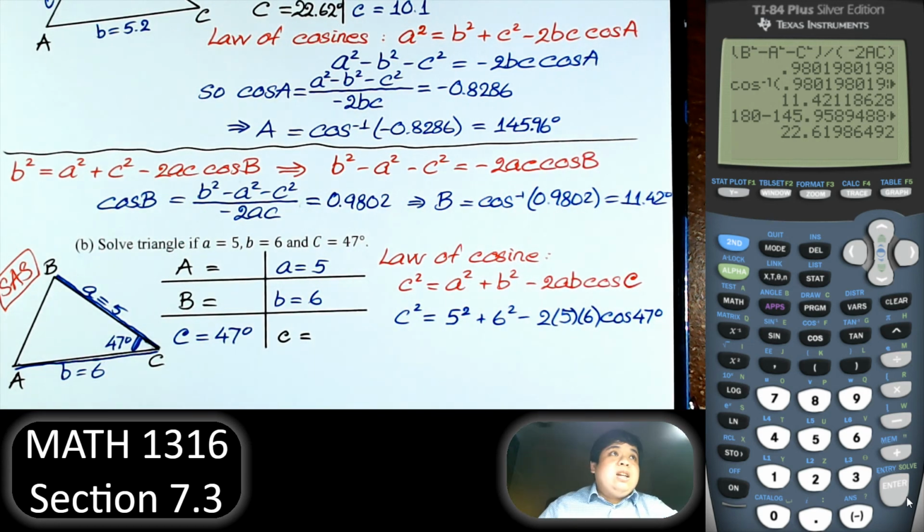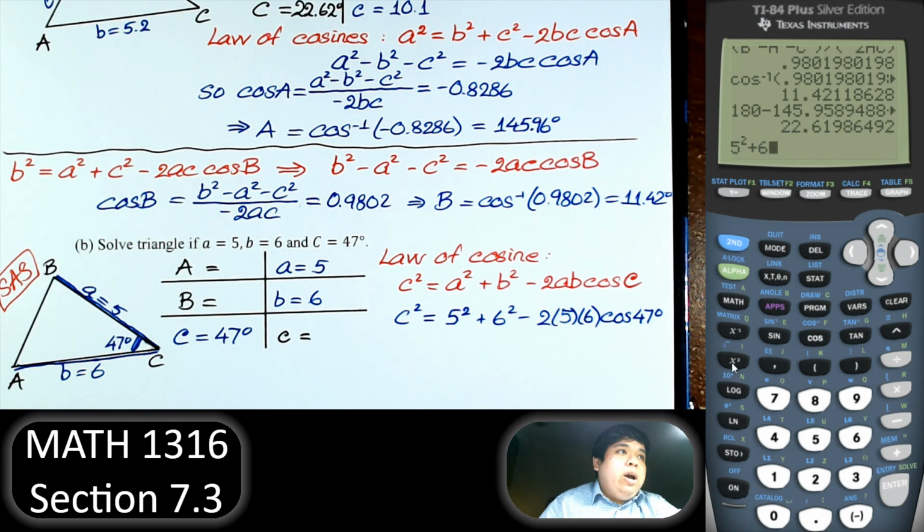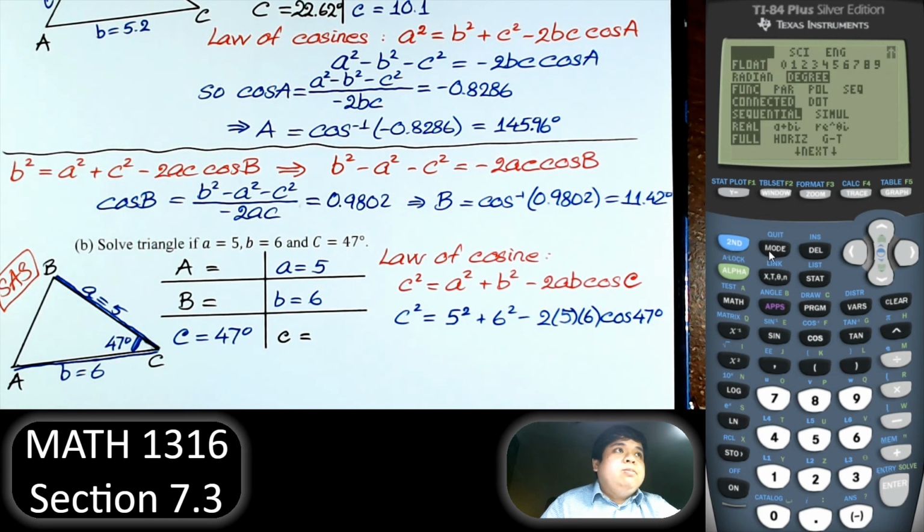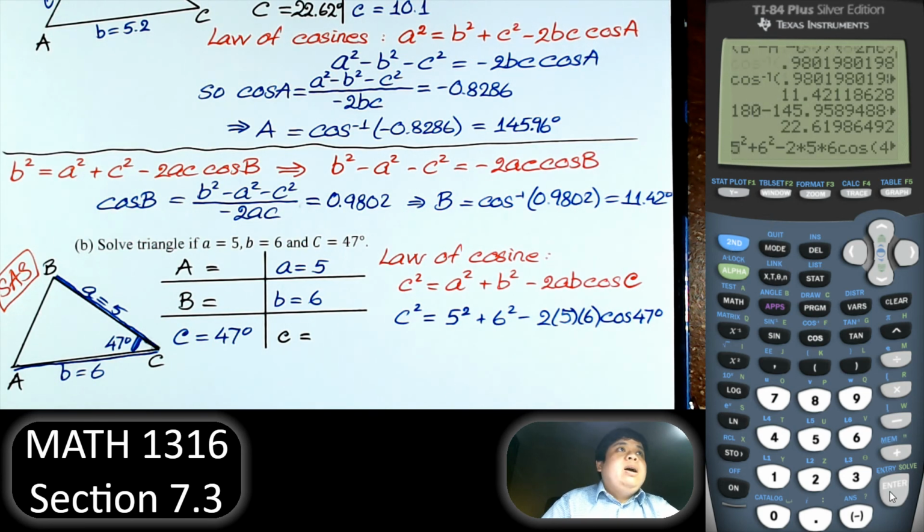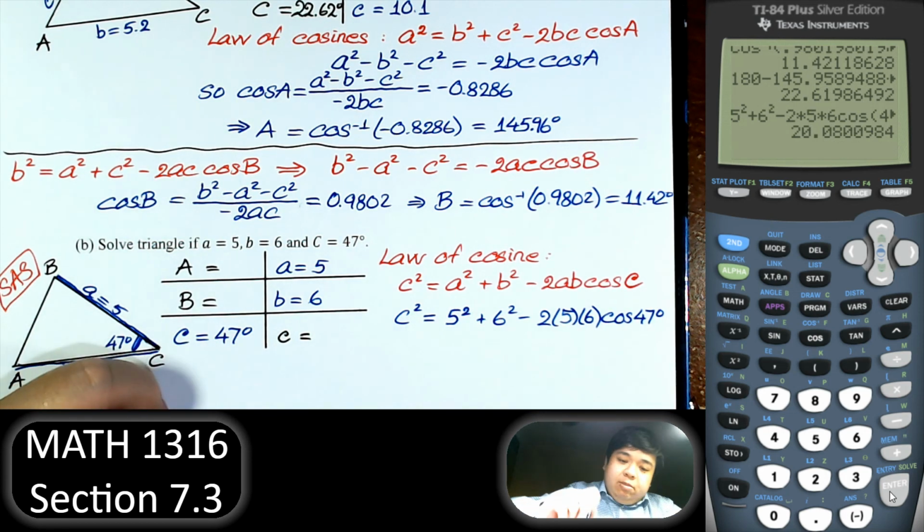So just do that: 5 squared plus 6 squared minus 2 times 5 times 6, so just 60, cosine of 47 degrees. Make sure it is in degree mode. Yep, 20 point something.